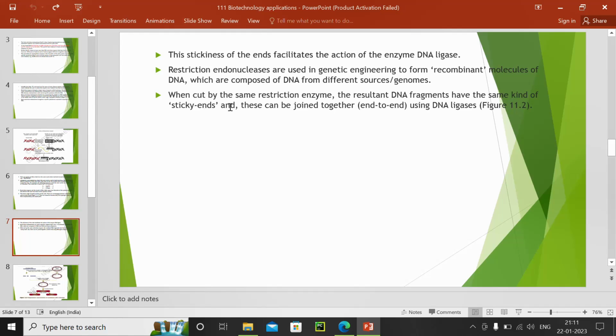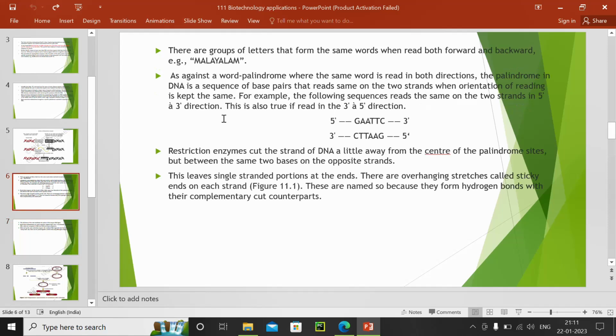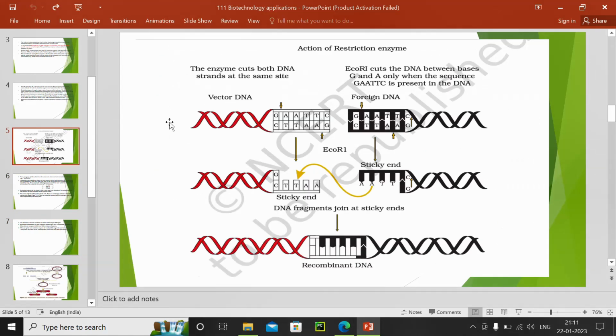When cut by the same restriction enzyme, the resultant DNA fragments have the same kind of sticky ends. When host vector DNA and foreign DNA are cut together with the same enzyme, that is EcoR1, it forms the same sticky ends.